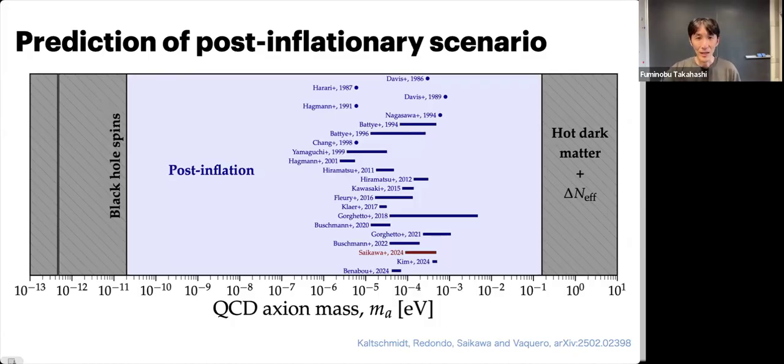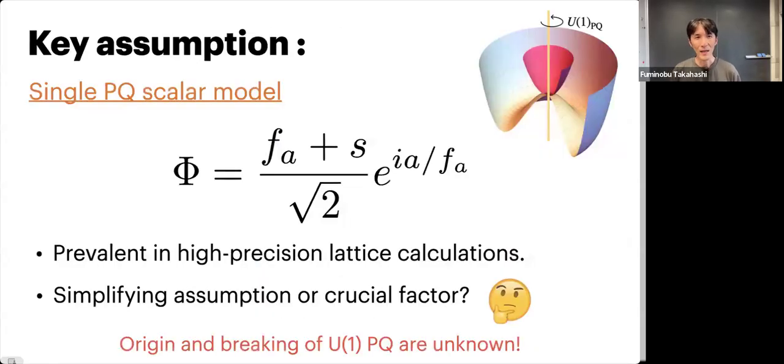But here I'd like to emphasize that all the numerical simulations shown here are based on the same setup. Namely, all of them assume a single PQ scalar model with a Mexican hat type potential. Here phi is a PQ scalar field, and it develops a VEV, F_A.